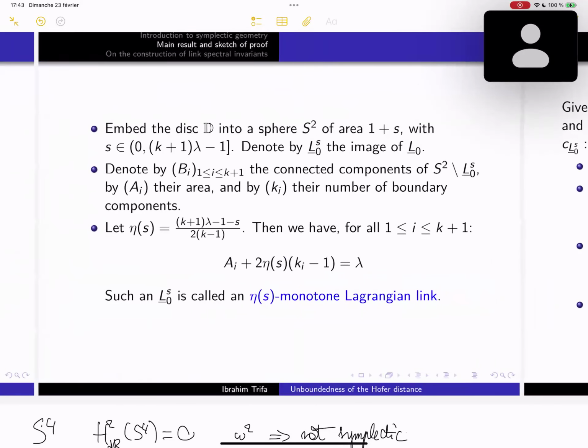So to do this, we will do the following. We embed the disk into a sphere S^2 of area 1 plus S, where S is a real number in this interval here. So let me maybe explain this condition here.